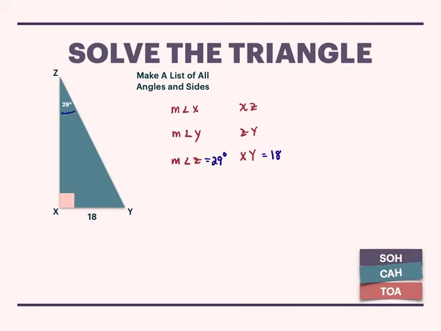Since they gave me an angle, I'm going to quickly find my other angles. Since the two angles z and y have to add up to 90, I just need to subtract that 29 from 90. Okay, that's 61. So angle x here, I should have filled that in already. That's 90 degrees, and angle y must be 61 degrees.